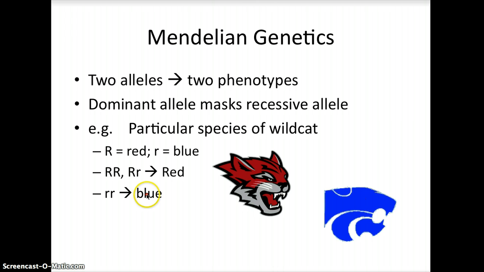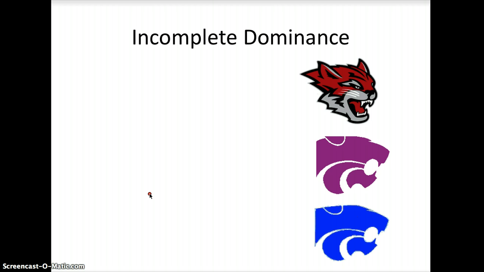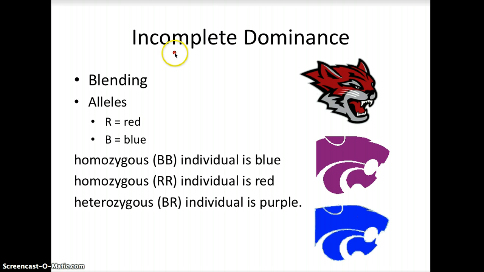The only way that you get a blue phenotype is if you have two recessive alleles, homozygous recessive alleles. So there's three different genotypes, but there's only two phenotypes.